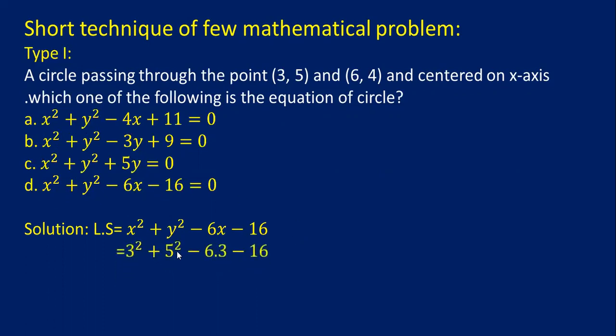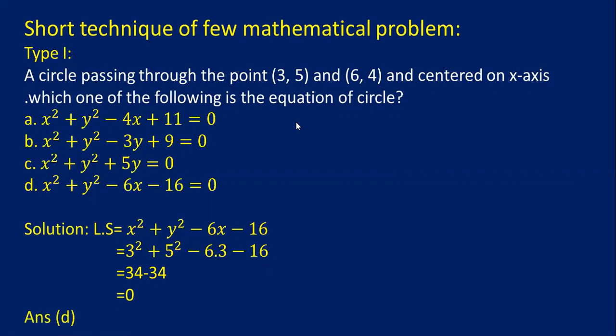Putting the values 3 and 5 here: 3 squared plus 5 squared minus 6 into 3 minus 16, that is 34 minus 34 equals 0. Option D is correct.